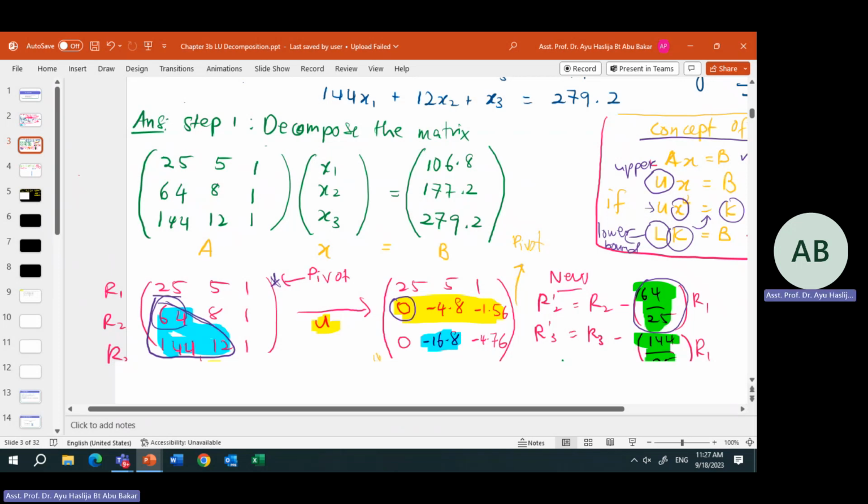If you get the same, try to zero the 144 so that it becomes 0. This one is a different factor. R prime 3 is the old value in row 3 minus the factor. The factor here will be 144 over 25, because we are pivoting the first row.